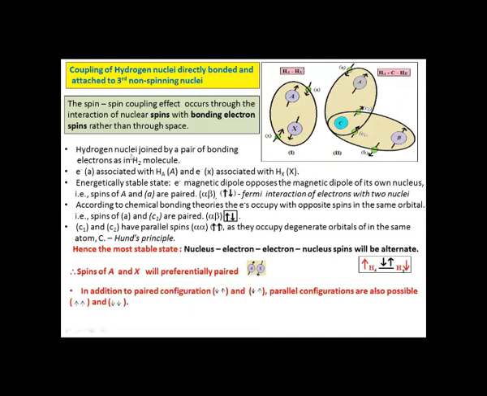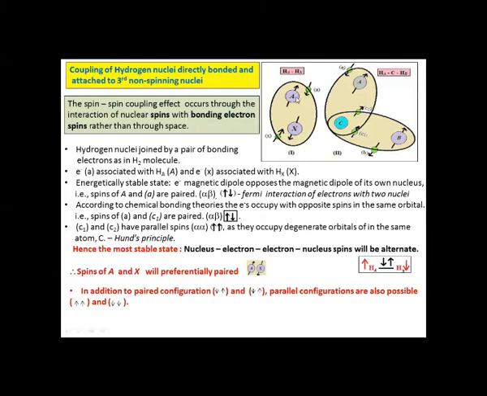So here, hydrogen nuclei are joined by a pair of electrons as in the H2 molecule. Let us assume electron A, which is associated with HA, and electron X, which is associated with the proton HX. The energetically stable state is the one in which the electronic magnetic dipole moment opposes the magnetic dipole of its own nucleus.